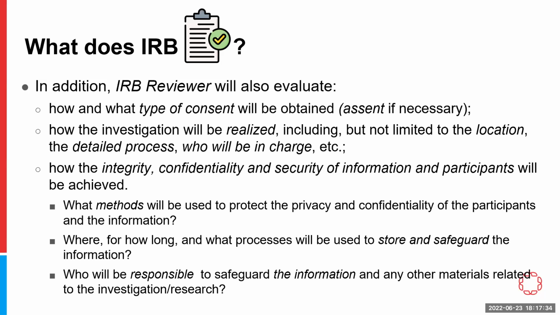Please, please, please avoid saying, I'm going to safeguard the information in the first drawer of my desk. Any reviewer will highlight that and will send you that back, okay? That's not a secure place. The best way to do that is information will be in a sealed envelope, locked in a file cabinet in the main office or residence of the principal investigator.